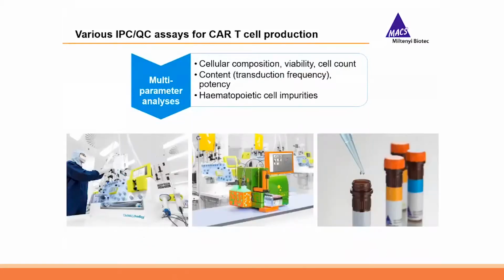The focus of our discussions today and through this webinar series are really around the flow cytometry aspect for analyzing cellular composition, viability, counting, also looking at the transduction efficiency, how well is our CAR expressed in our samples, potential potency assays that could arise in flow, and then what kind of cell impurities might exist in our samples.